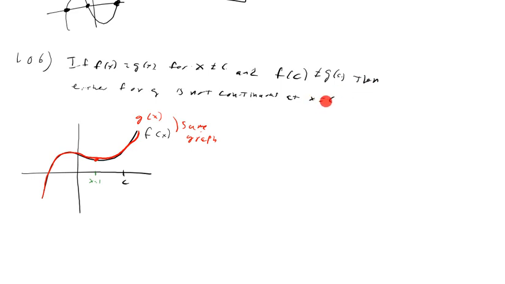If the two functions are not equal right here, that means either f or g is not continuous at C. Is that true, or is that false? It'd be true. Who is that? Jennifer? Can you explain why?